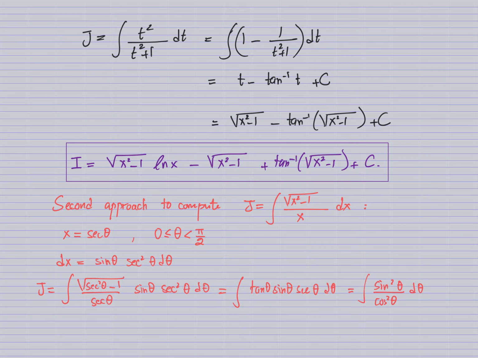where we use the trigonometric identity secant square theta minus 1 equals tan square theta, and then square root of tan square theta is tan theta, because tan theta is positive since theta is between 0 and pi over 2, so in the first quadrant.